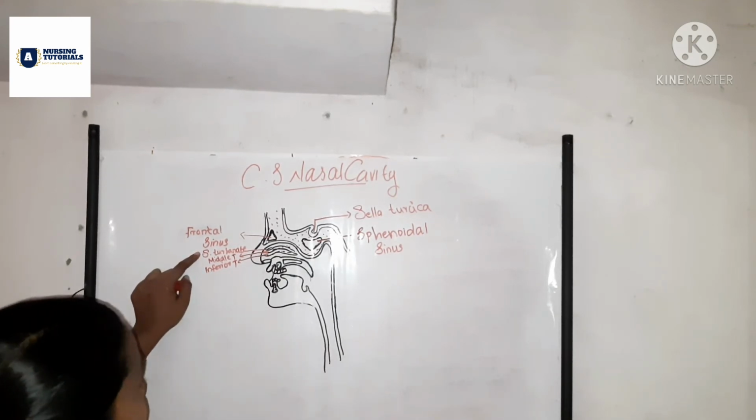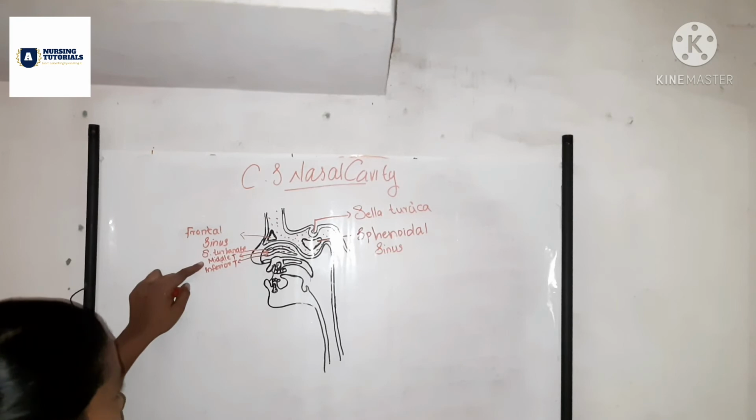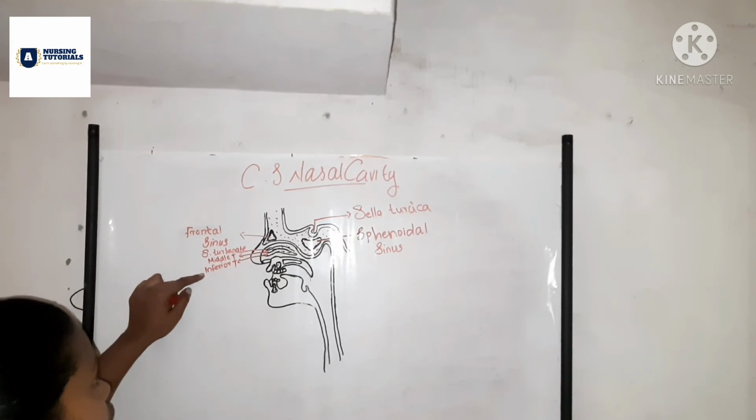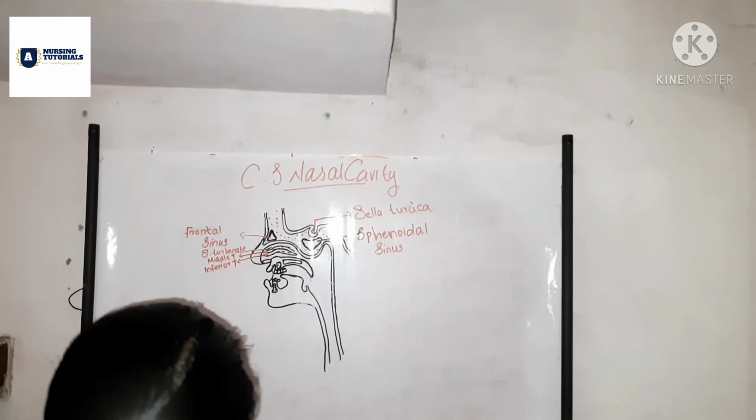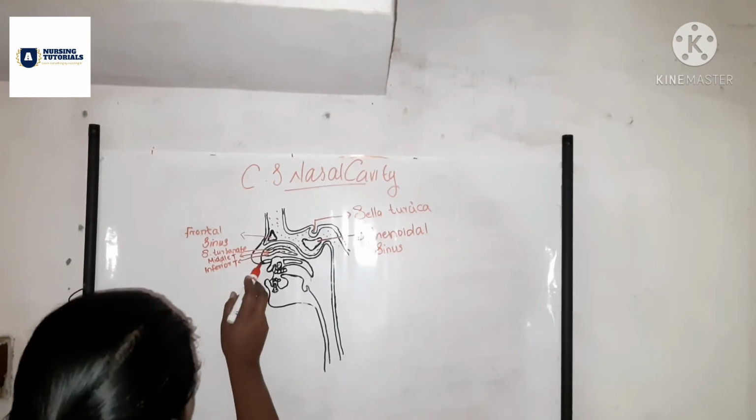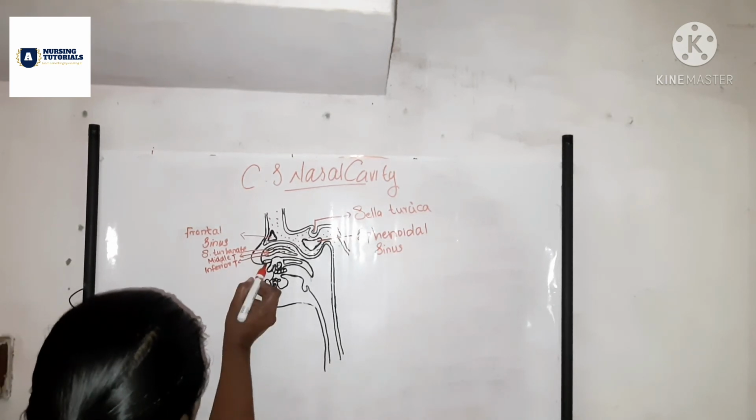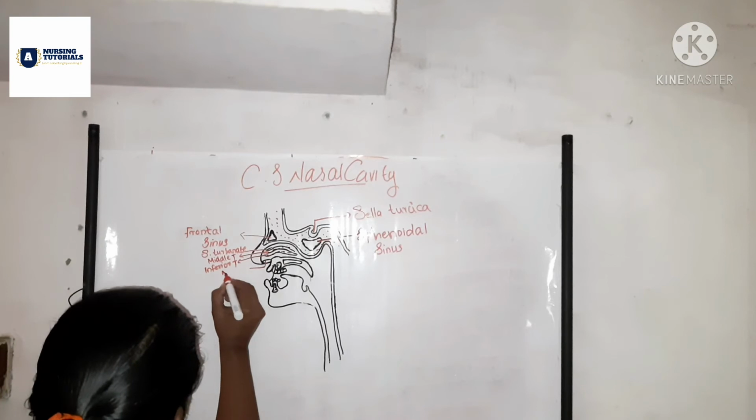This is the superior turbinate, this is the middle turbinate, and next is the inferior turbinate, or we can say conchae. And this is the nostril. It's the opening of the nose.